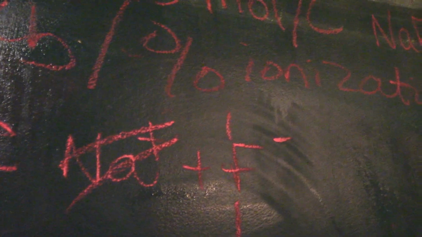Okay, so ICE table, we initially have 0.15 mole per liter of F negative, because this is a 1-to-1 mole ratio.